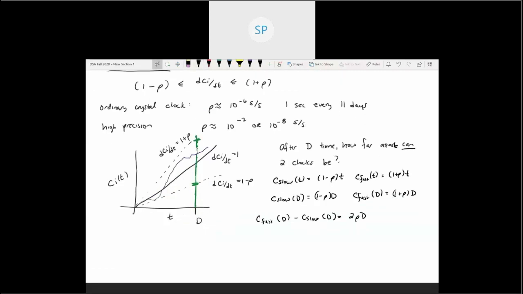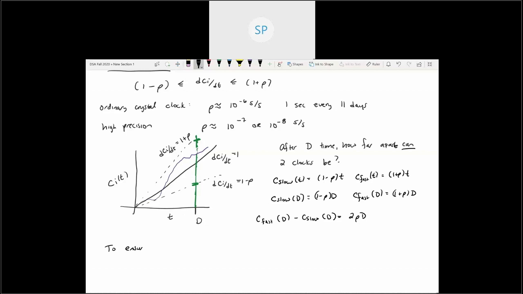Then the question is, if I want them to stay within some bound, this is a function of D, right? It can get as big as we want, but we want to make sure they don't get too far apart. So for all of my clocks Ci and Cj, we always want the difference to be less than or equal to little delta. So how often should I synchronize them, assuming I have a magical method to bring them back to the same time?